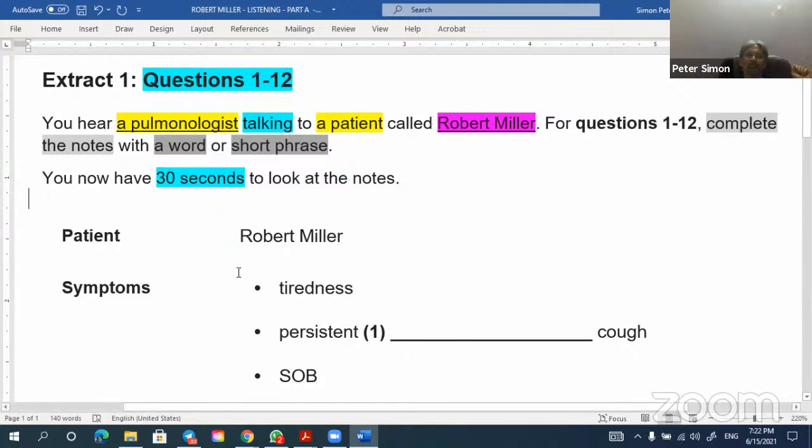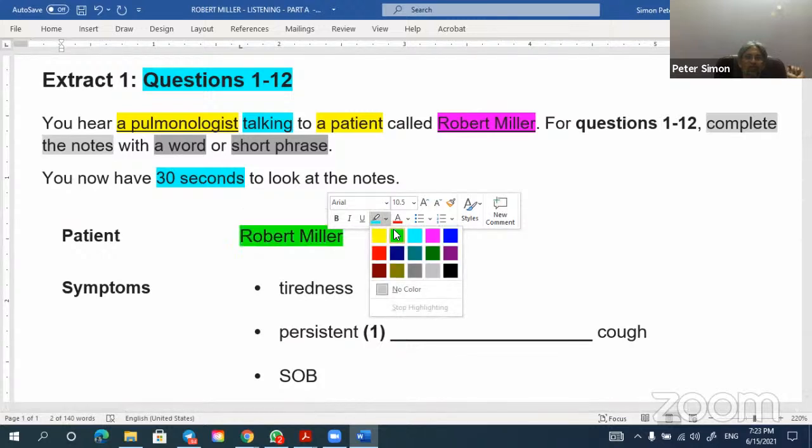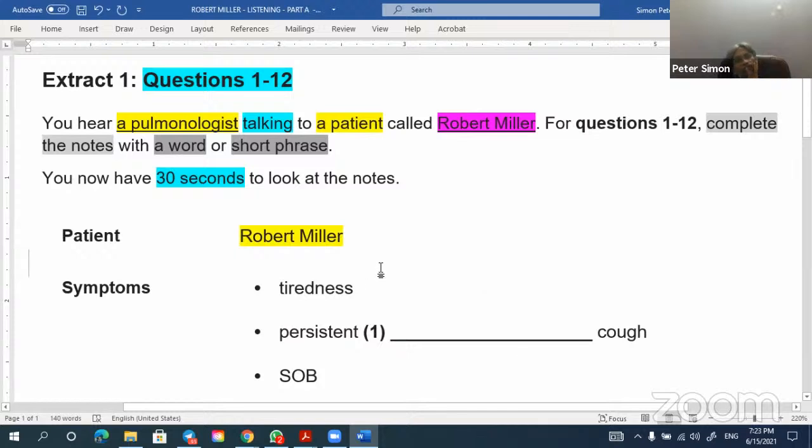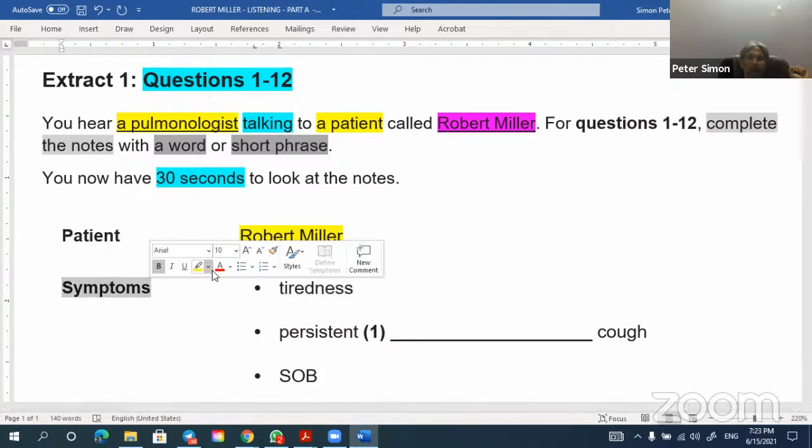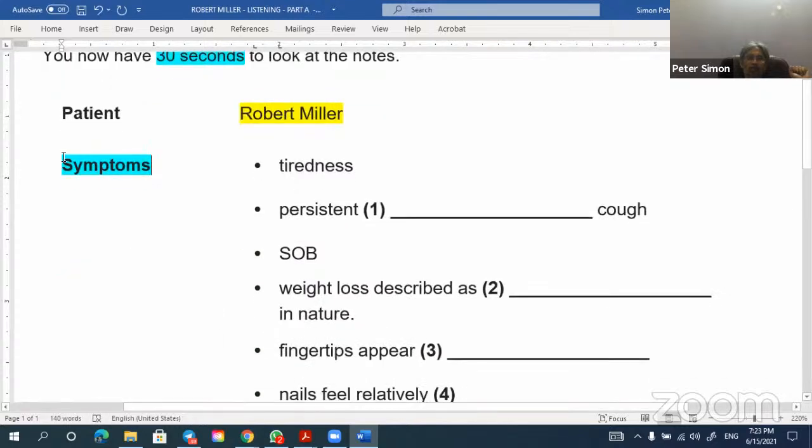Now here, this is not important because already we got there. So this is totally important. Robert Miller, we know that. But more important are these symptoms. This is the name of the patient.